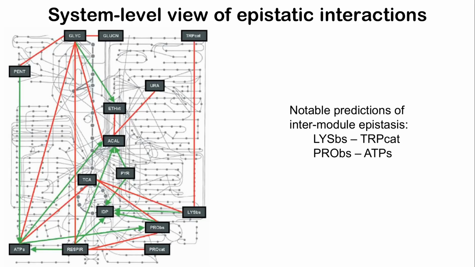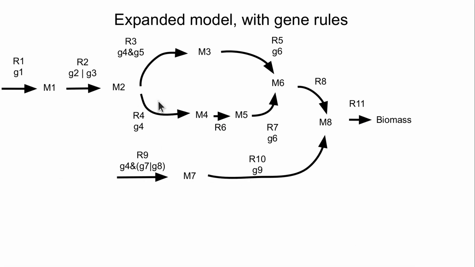We also see that epistatic interactions can happen in quite remote, complicated and not necessarily intuitive ways. If we compare to our original model here, we can almost read from sight what the epistatic interactions will be.